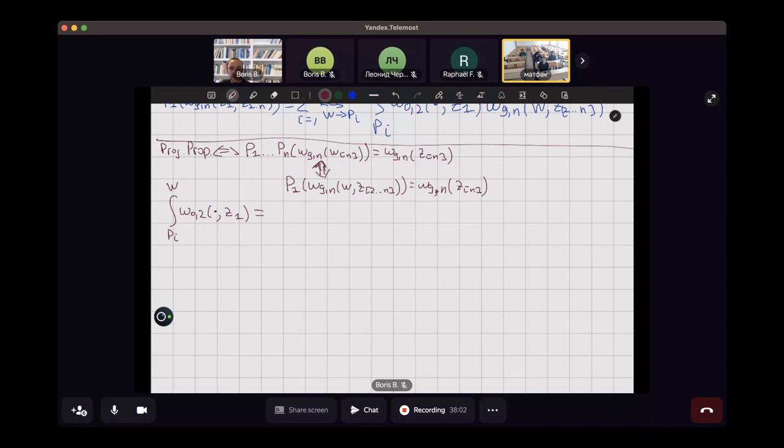So and then I could say that this p1. I have misleading notations.